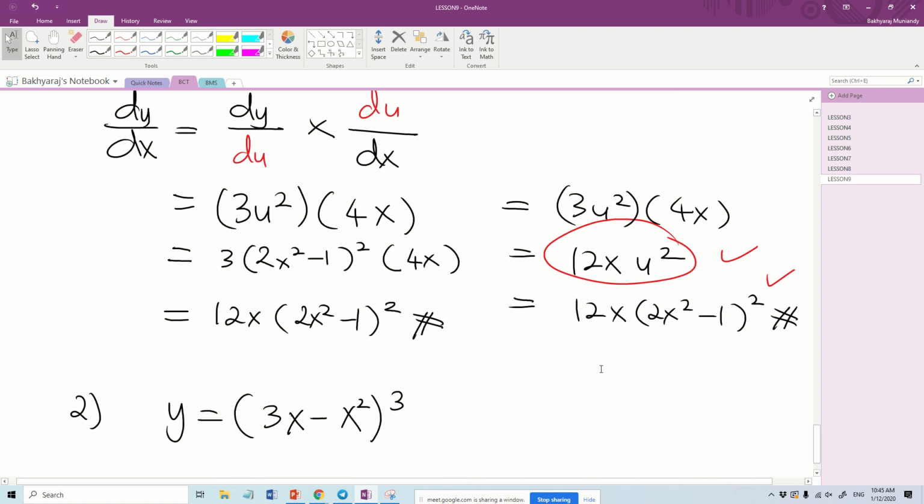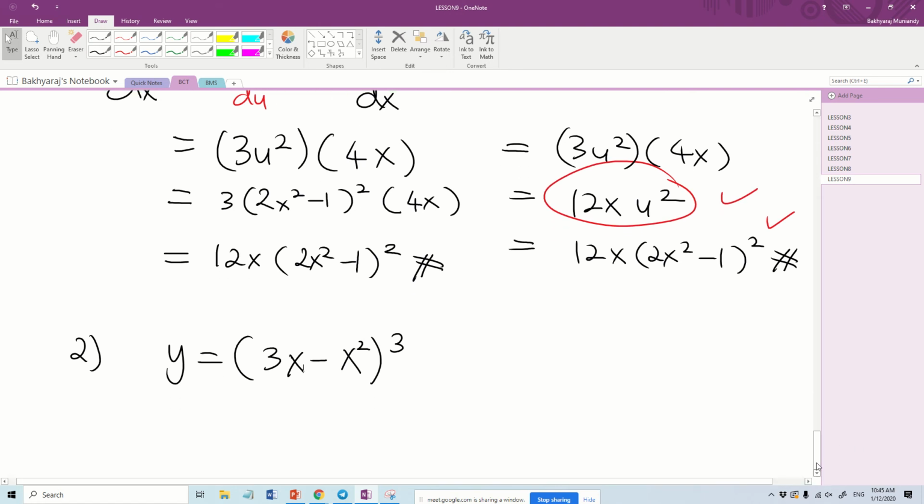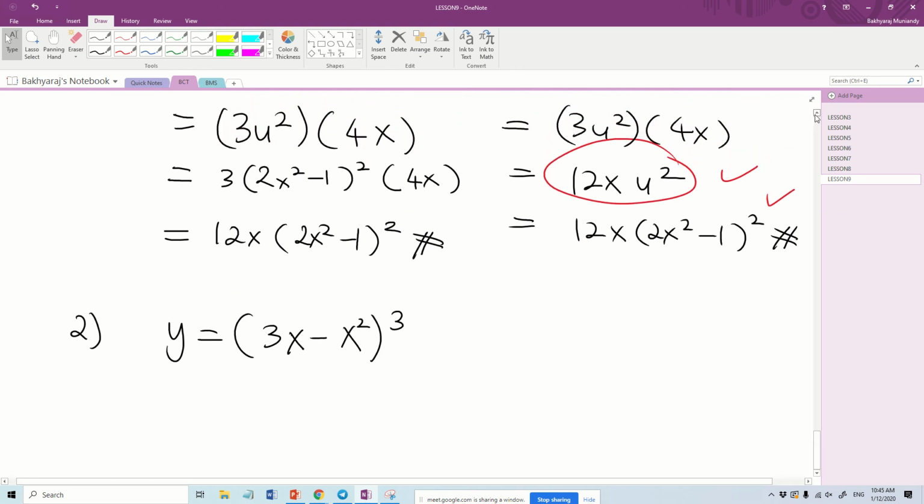Okay, first thing first is get your u. Find u first. What is u? Yes, very good. So this is what we call u. So once you know u equals 3x minus x square, then what is your y?